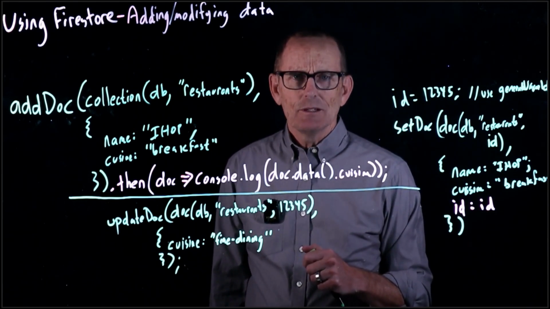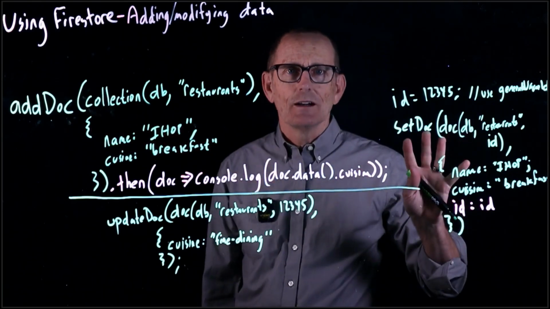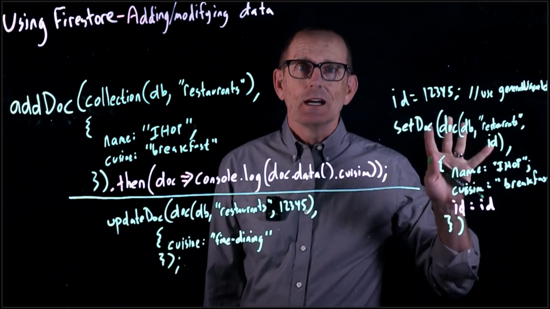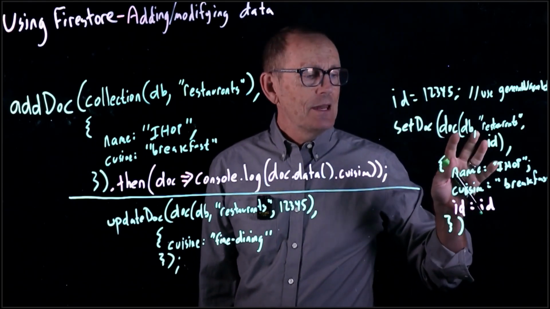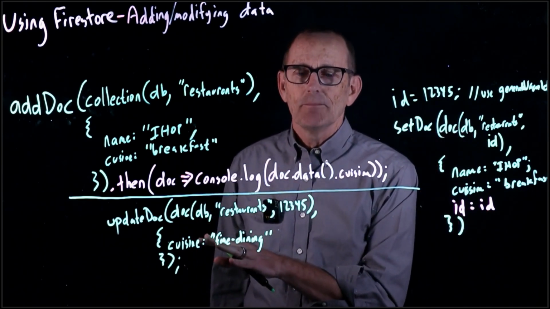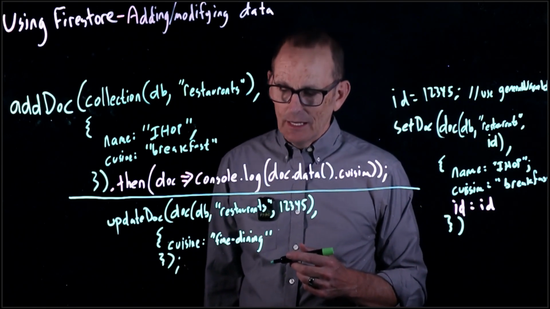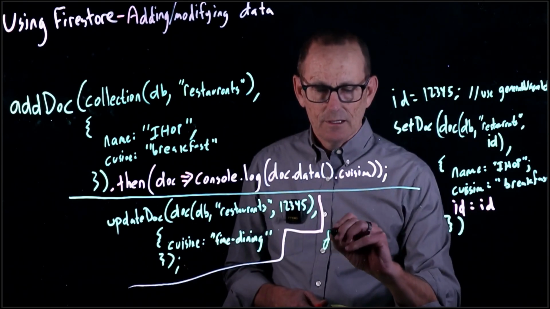What's the last thing we might want to do? Well, we know how to add a document, and we can either use addDoc or we can use setDoc. I prefer using setDoc because I like creating the IDs on the client. And then we can change a document with updateDoc. And then finally, we can remove a document. To remove a document, we'll use deleteDoc.